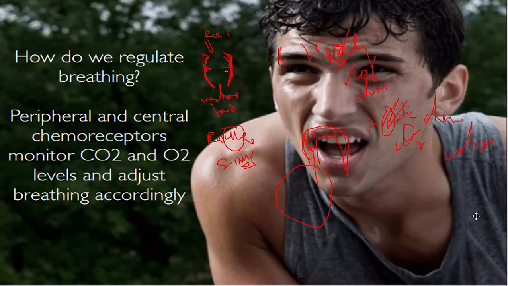Again, this will appear in the exam. The carotid sinus only has mechano or baroreceptors. Carotid sinus, baroreceptors. The carotid body only has chemoreceptors, sensitive to oxygen and carbon dioxide.